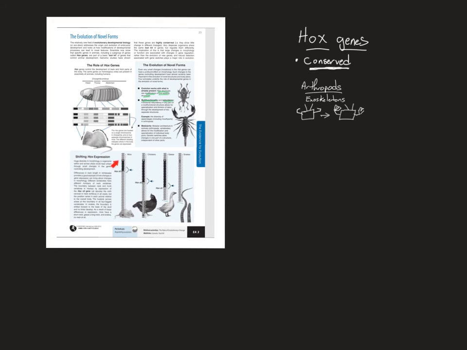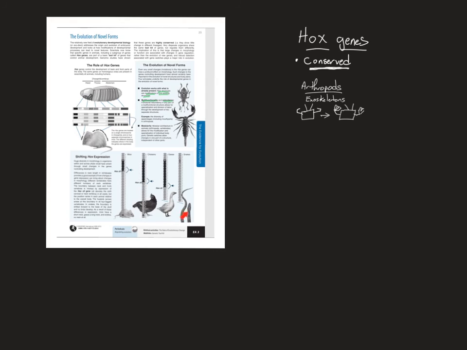So you get very different, and in fact, scientists think that the Hox expression, right, shifting how these Hox genes are expressed, they themselves may change slightly, but the idea is, even though they're conserved, how we express them and where and when we express them can change the entire plan of the body, the structure of the body.